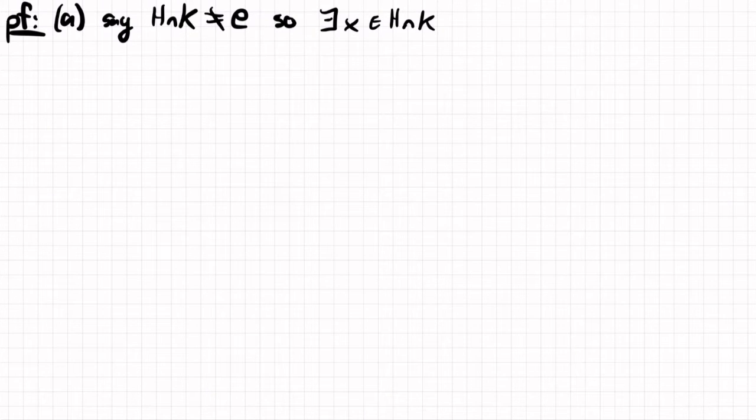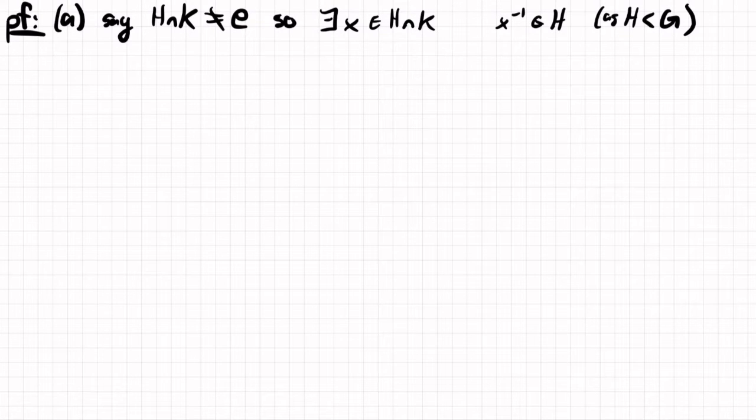But anyways, now I have this X which is in both of these subgroups, and okay, we know both of them are subgroups, so let's use the fact that H is a subgroup, so X inverse is in H, as H is a subgroup.